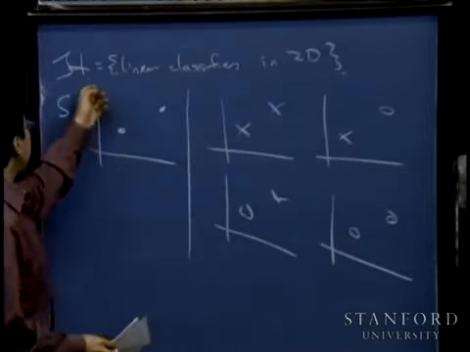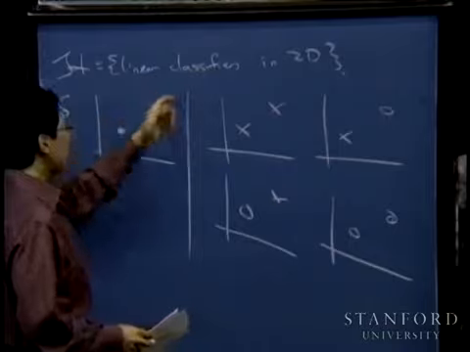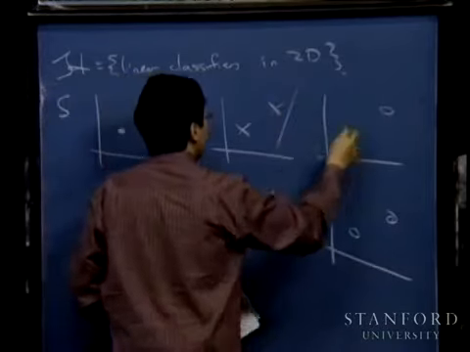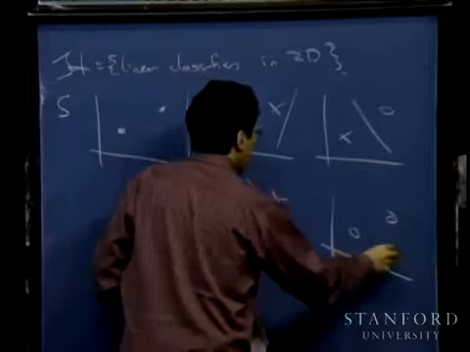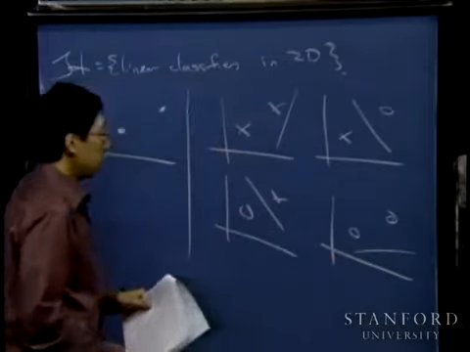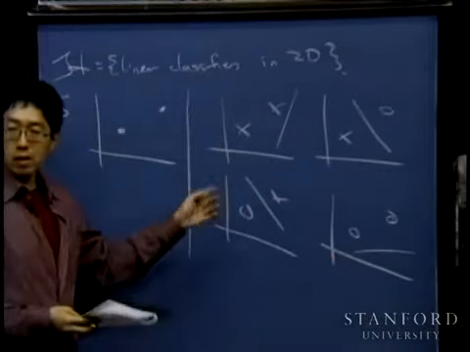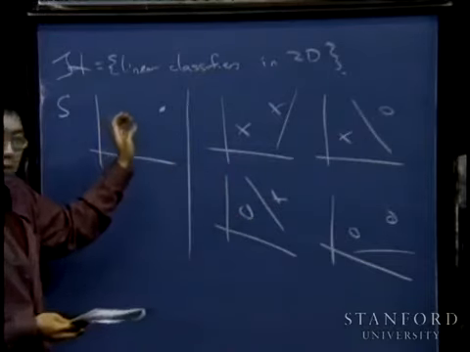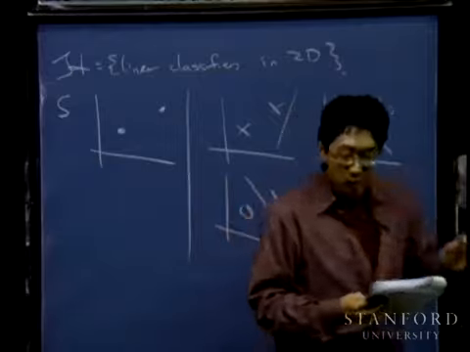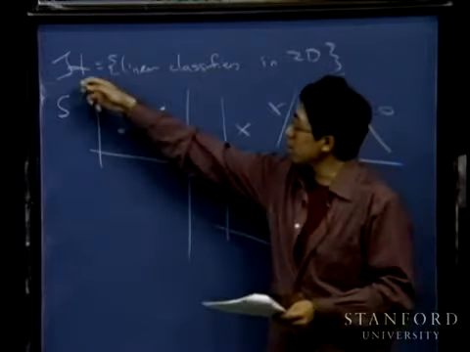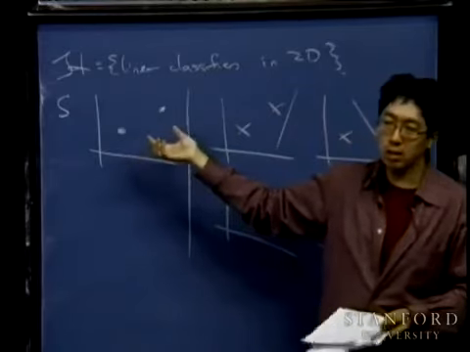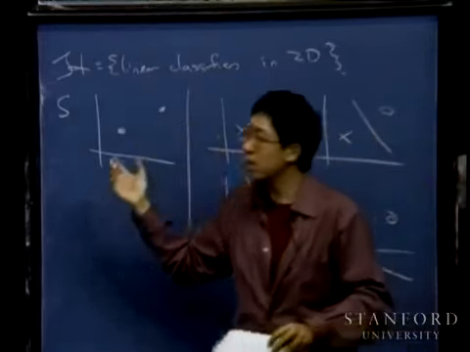And if the hypothesis class H is the class of all linear classifiers in 2D, then for each of these training sets, I can find a linear classifier that attains 0 training error on all possible labelings of this set of 2 points. And so I'll say that the hypothesis class H shatters the set S of 2 points. Okay.